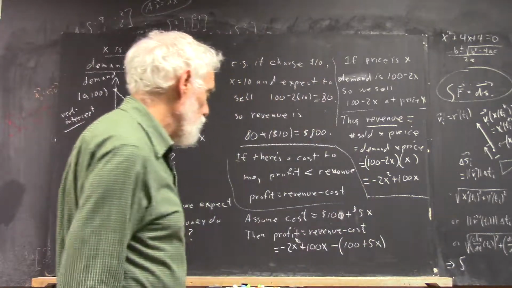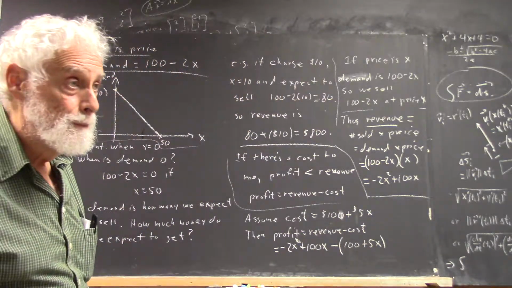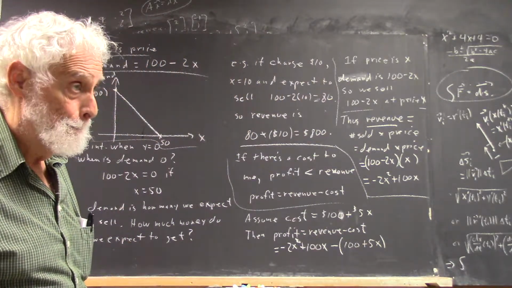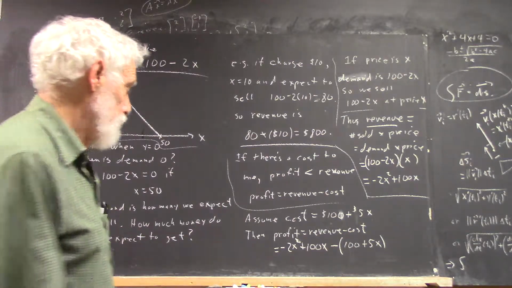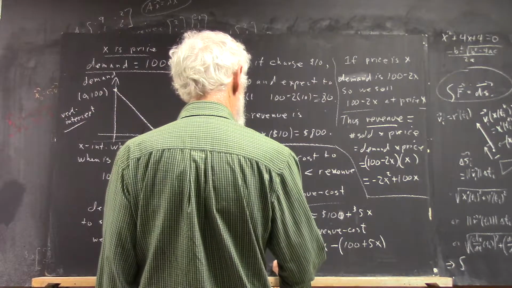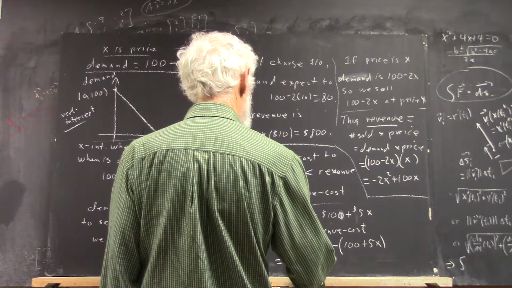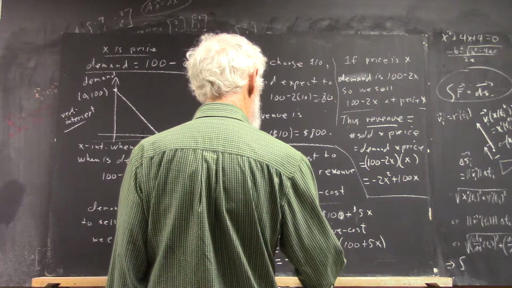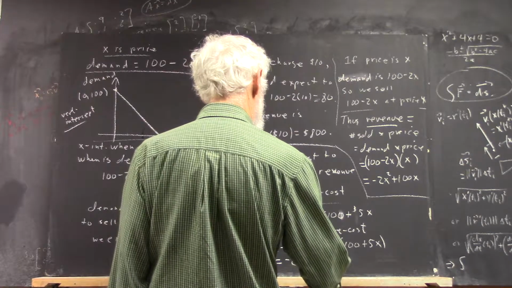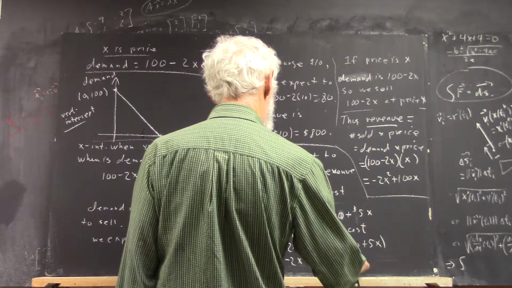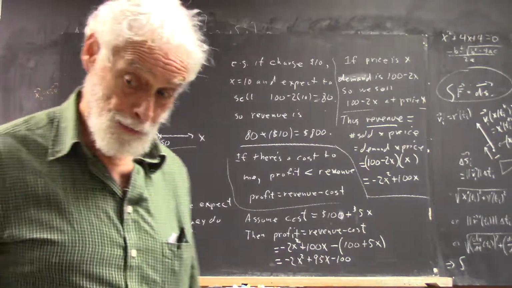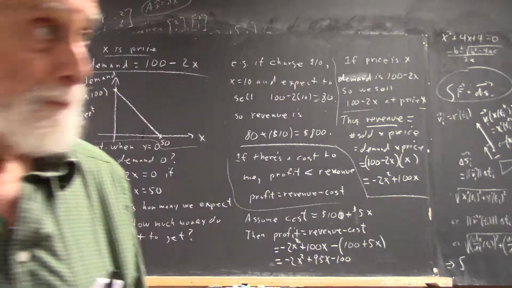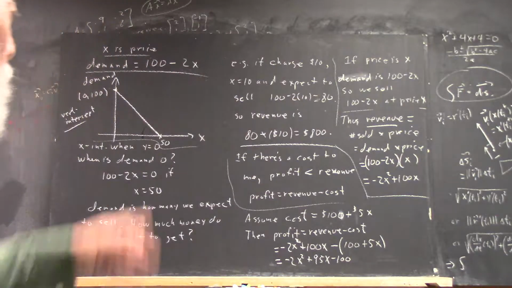I'm leaving off the dollar signs, okay? Because units get a little complicated here. And you can check this out. That's negative 2x squared plus 95x minus 100. So there's our profit function.